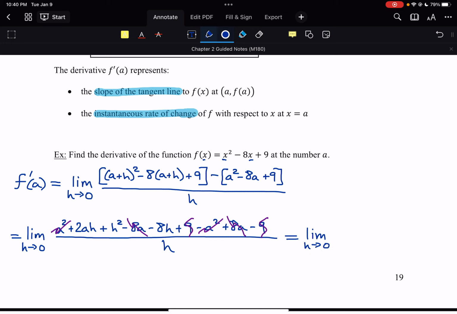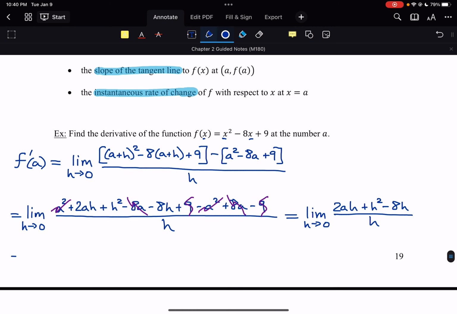We are left with 2ah plus h squared minus 8h all over h. And there is a common factor of h in each of those. So we pull that out.